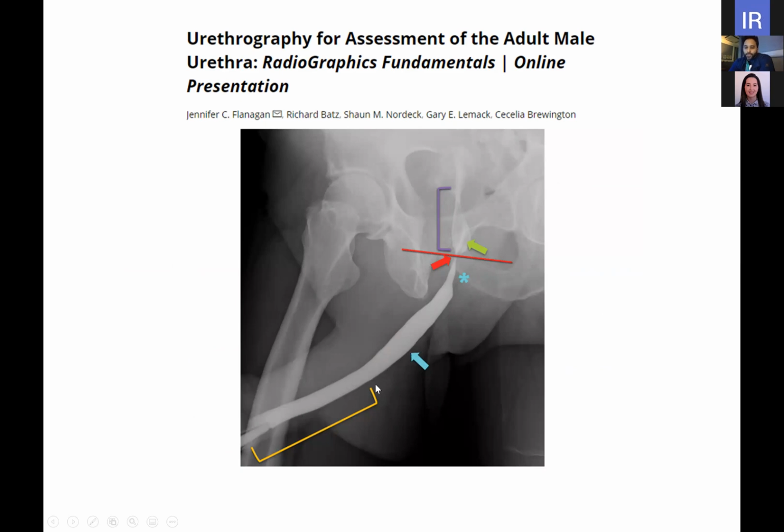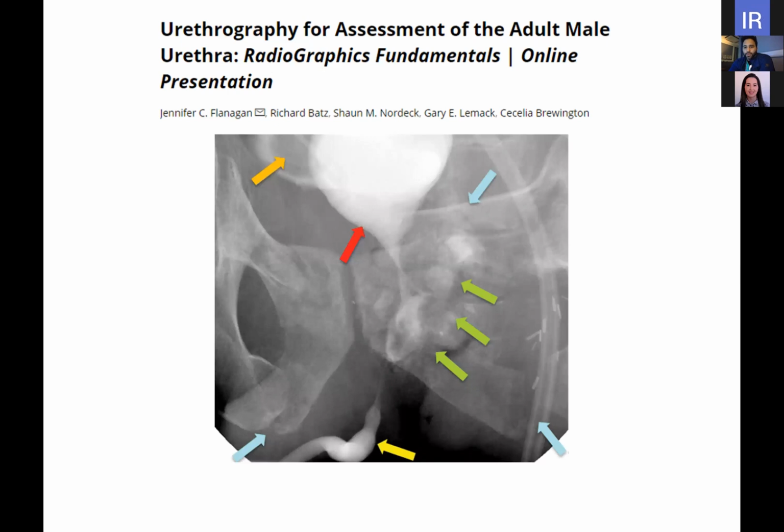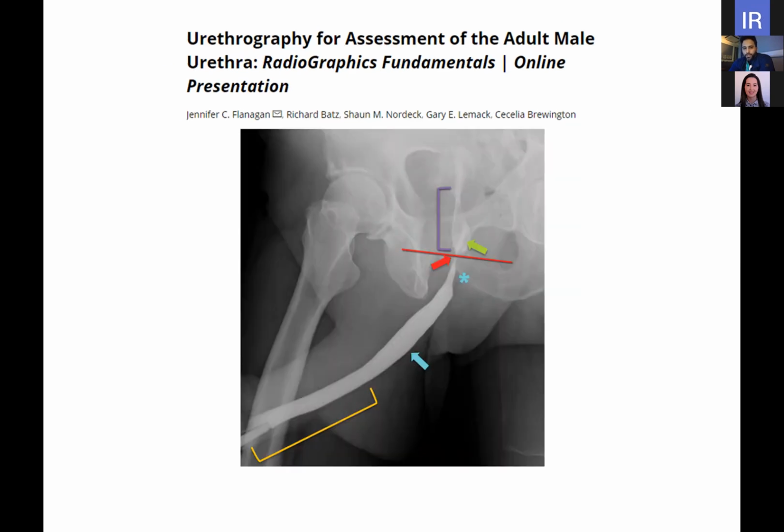So when it comes to imaging the anterior or the posterior segments, you do different studies and different imaging techniques to help answer the question. For example, I would do a study like this, which is a retrograde urethrogram, injecting contrast through a catheter from the tip of the penis to look at the anterior aspects of the urethra to see if there's any narrowing or stricture or leak.